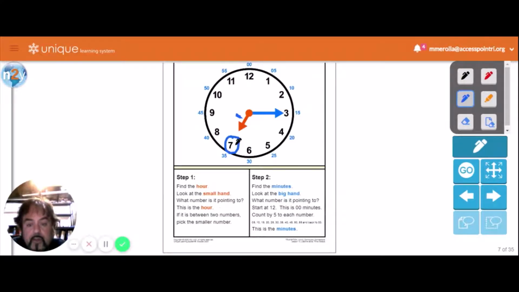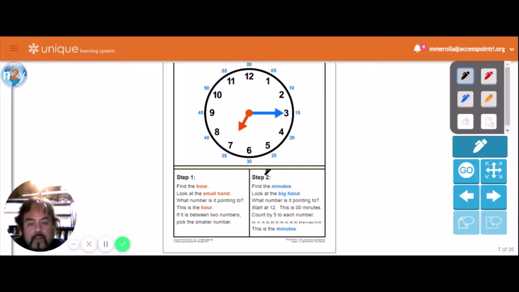It is between two numbers. The orange hand is supposed to be between the 7 and the 8, even though it doesn't necessarily look like it. You pick the smaller number. So if the short hour hand is between the 7 and the 8, you go with the 7 because that's smaller than 8.